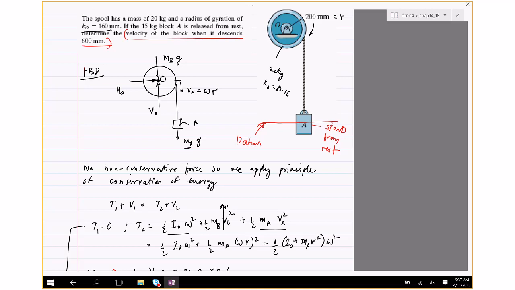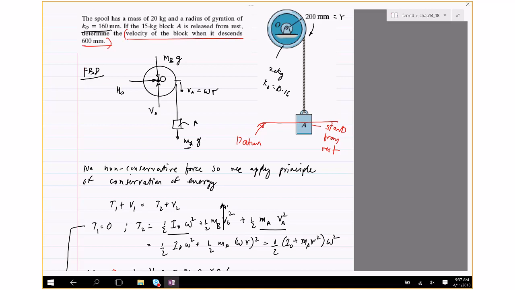So there's only going to be a part due to translation. So then, once you have this, is there a way in which we can simplify this? Turns out the velocity of A is omega times r. That's just from kinematics, because the string doesn't slip. So velocity is omega times r, and I simplified it to get this.